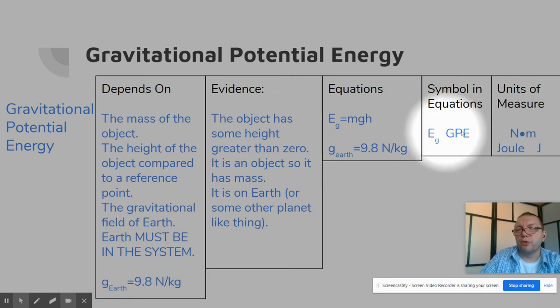These are the two that we will use. I try to stick with this EG sort of a thing. And then again, units of measure, all energy, gravitational, kinetic, any sort of energy in the metric system is measured in joules.